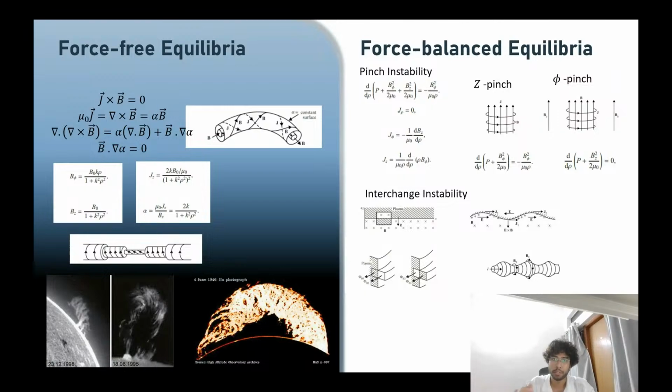That is how the sausage pinch instabilities can develop, and these regions will keep on shrinking unless the magnetic flux tubes get separated. Okay, so that is how these instabilities work. I guess it's clear. Let me know if you have any questions, because after this we are going to move into a different topic.